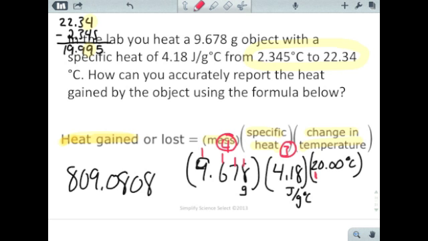So 1, 2, 3, and 4. So the least number of significant figures is going to be that 3. So we round to 3 significant figures. We know that the 8 is significant. We know that the 0, we have to have that because it's sandwiched in there. And the 9 is significant. So we're going to round to that. The 0 doesn't round it up. So accurately reported, we're going to have 809. And in this case, our answer would be in joules.